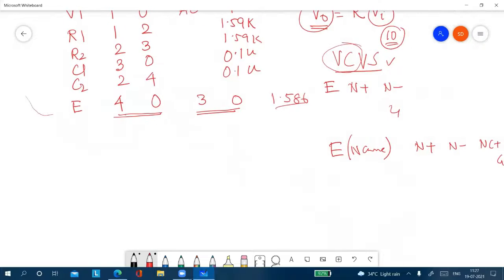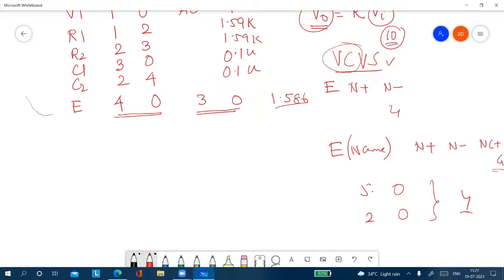For example, say a voltage control voltage source is connected between 5 and 0, and it depends on 2 0. What will be the statement? Say the passband gain is 4. The statement will be E5020 4. So this one is E4030 1.586.